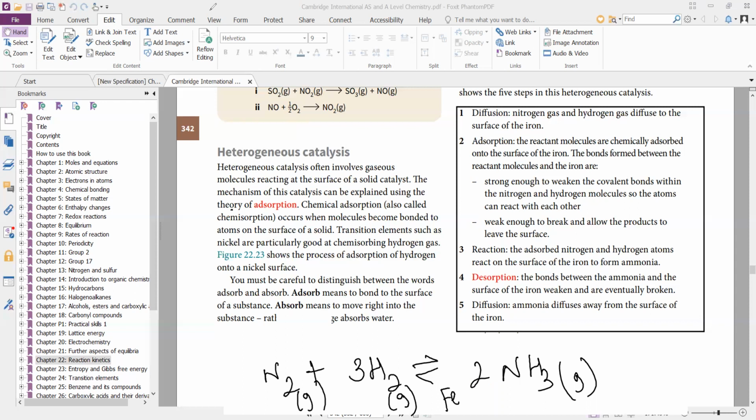Let's write these 5 steps starting with diffusion. Diffusion means the reactants will diffuse to the surface of the iron. Adsorption, these gases will adsorb to the surface of the iron, which is the catalyst.